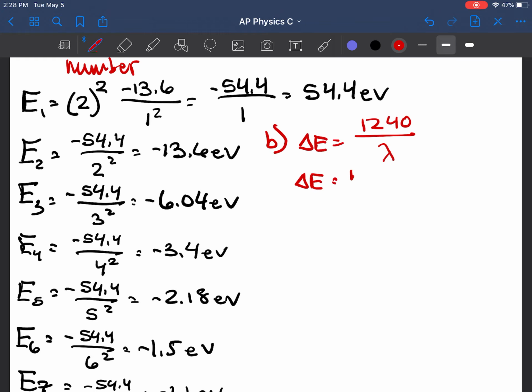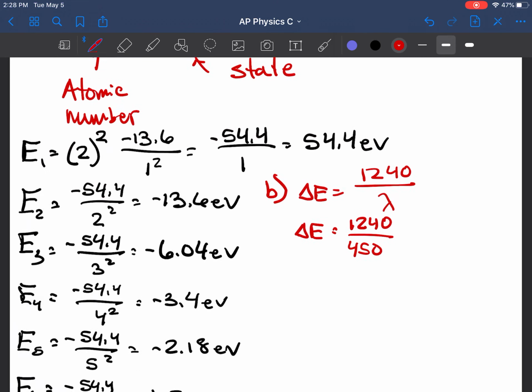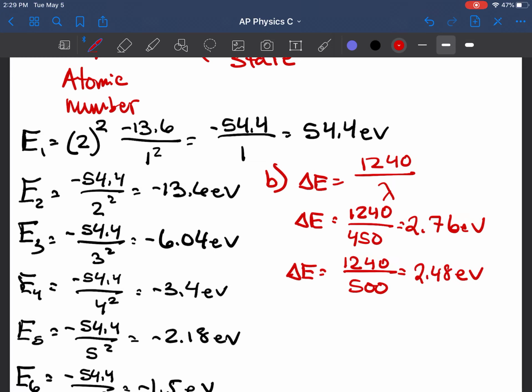To get a wavelength of 450 nanometers, which is the low end here, we'll need an energy drop of 2.76 eV. To get a wavelength of 500 nanometers, the upper limit, we need an energy drop of 2.48 eV.